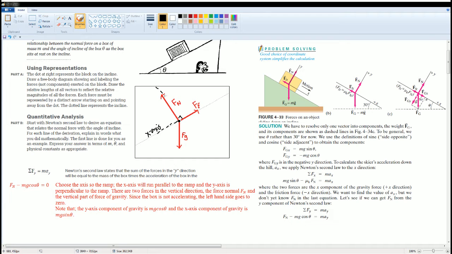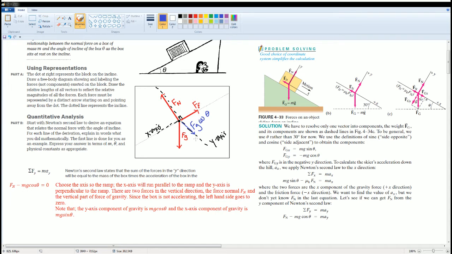So this would be the y-axis. There are two forces in the vertical direction, the normal force Fn and the vertical part of the gravity. You see the gravity here, it is broken up into the two parts. You have the vertical part. This is going to be Fg cosine theta.